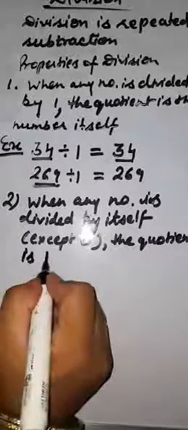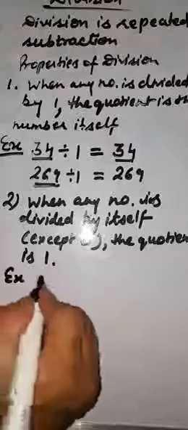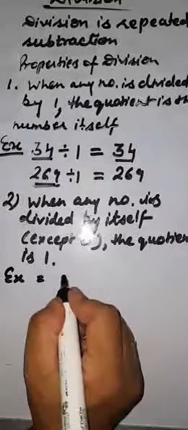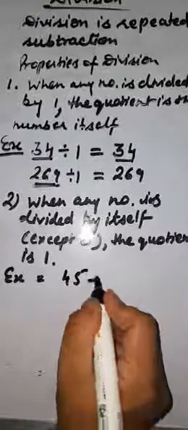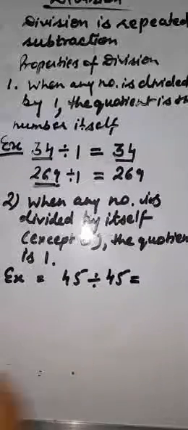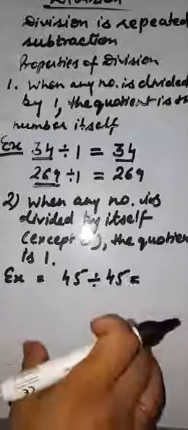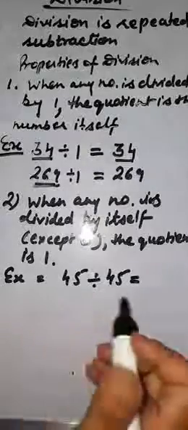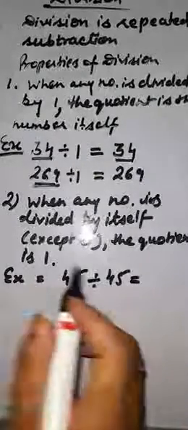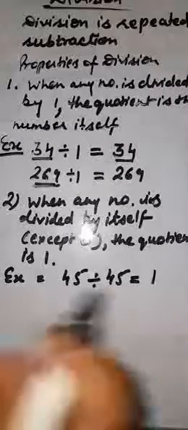Let's take an example. If we have the number 45 and we divide 45 by 45, it means you just recite the table of 45, that is 45 ones are 45. So 45 goes in 1 time.